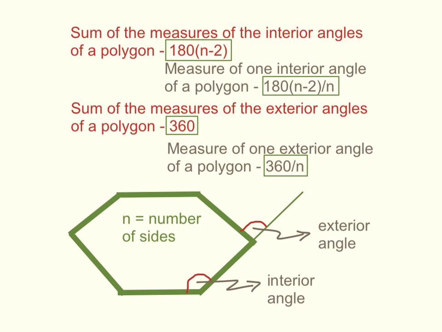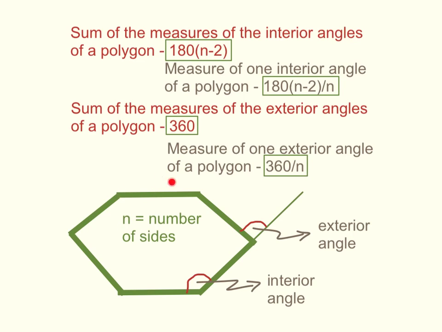Well, if all the angles are congruent, then if I added them up, I would have the sum of the measures of the interior angles of that polygon. And that is always going to equal 180 times n minus 2. And n, of course, is the number of sides.